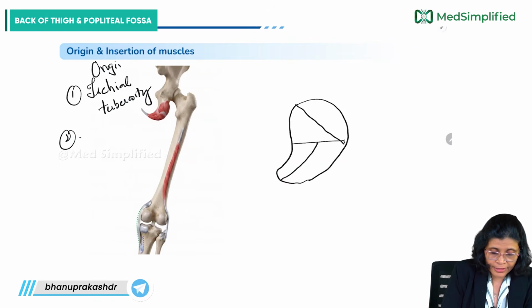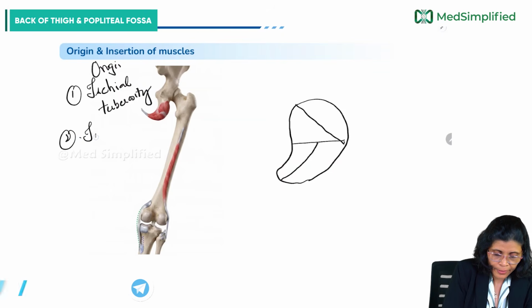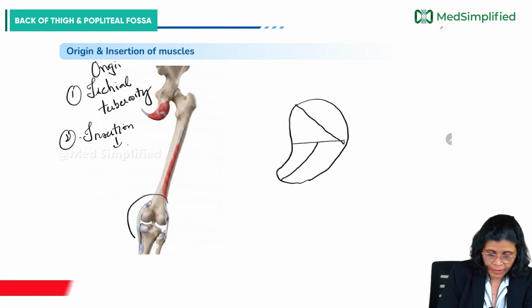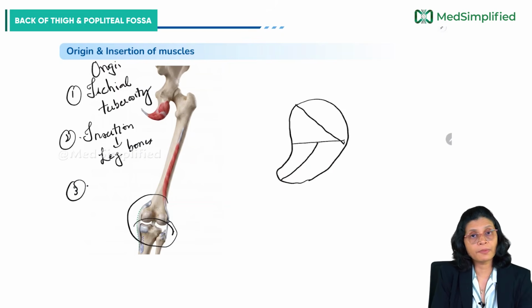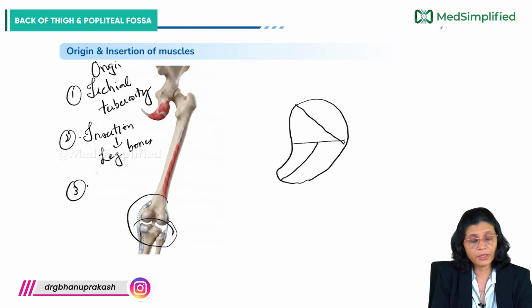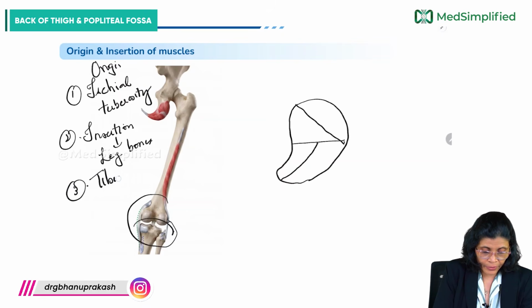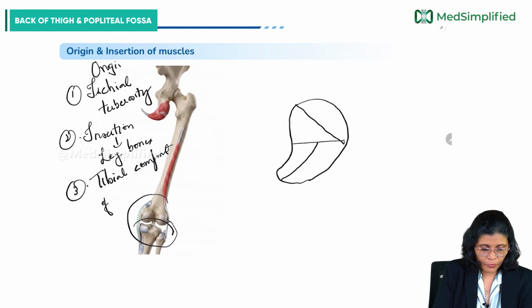The second rule is the insertion should be into one of the leg bones, either the tibia or the fibula. The third thing is they should be supplied by the tibial component, mind you, tibial component, not tibial nerve, the tibial component of the sciatic nerve.